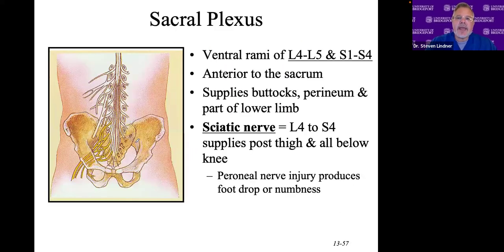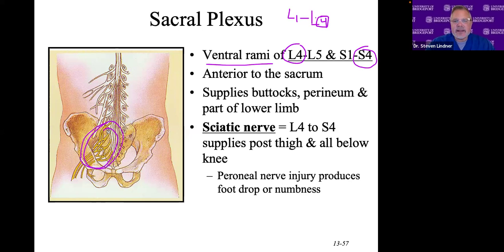Okay, let's look at the sacral plexus. So the sacral plexus is from L4 to S4. Lumbar plexus, remember, was L1 to L4, and the L4 is shared with the sacral plexus. Again, ventral rami, and this one is anterior to the sacrum.